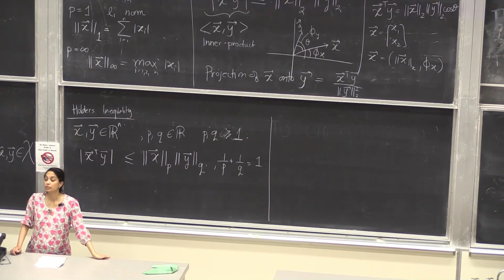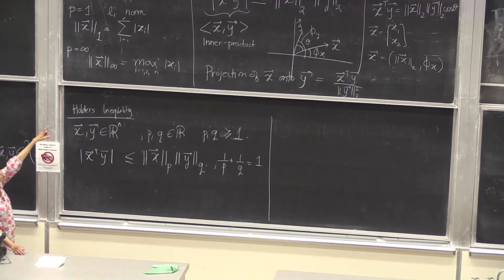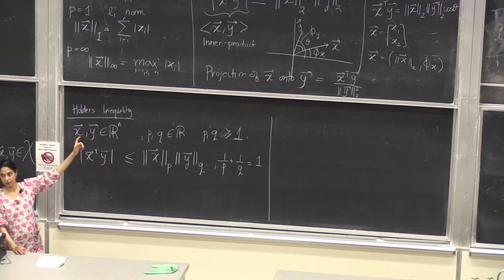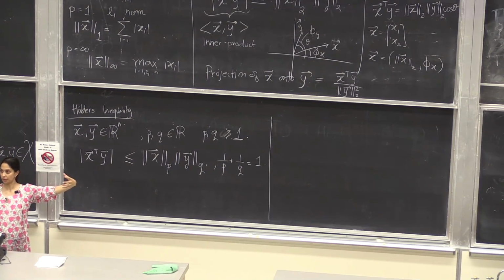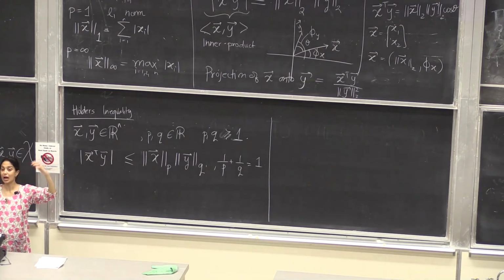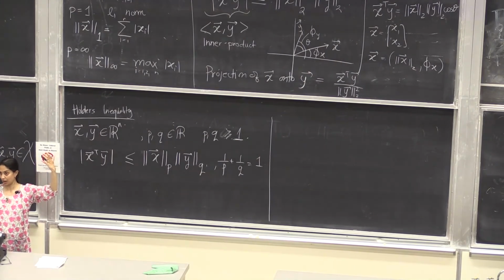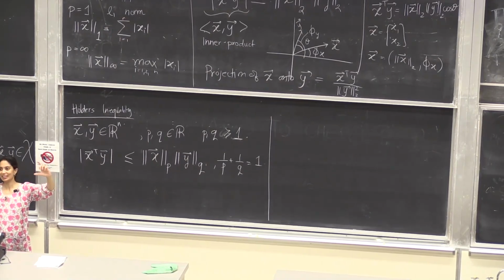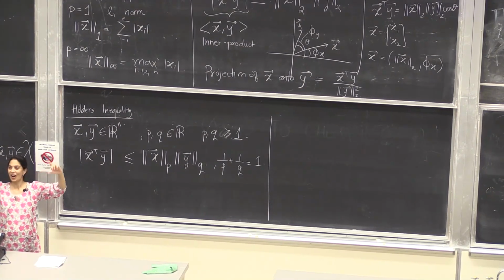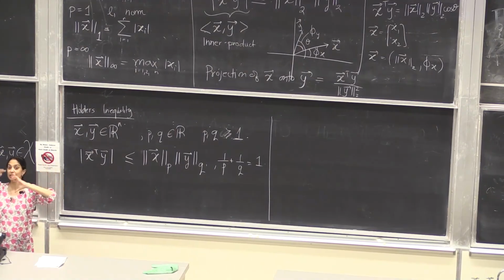Yes? Can you reiterate why for p equals infinity that norm is the max? Yes, why is p equal to infinity the max of x_i. So basically, when I have many numbers and I keep raising them to larger and larger powers, if I look at the infinitieth power of all of these numbers, the number that is going to dominate is going to be the largest one.